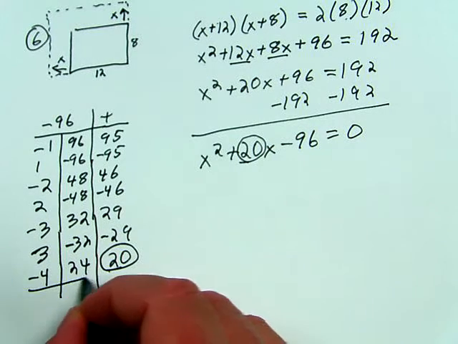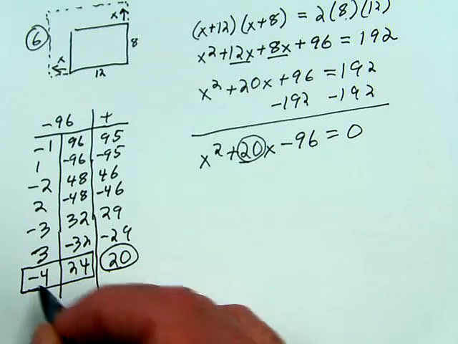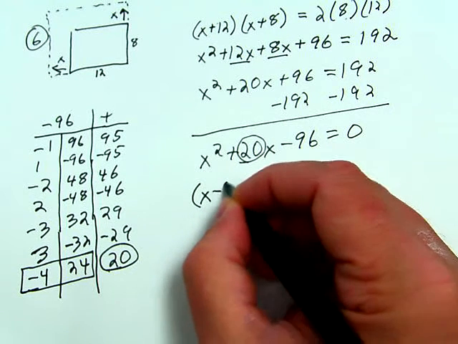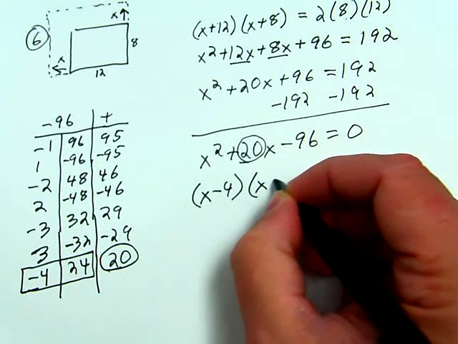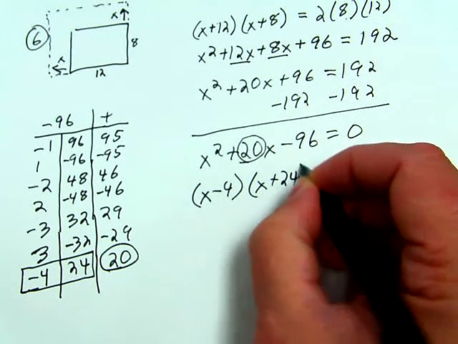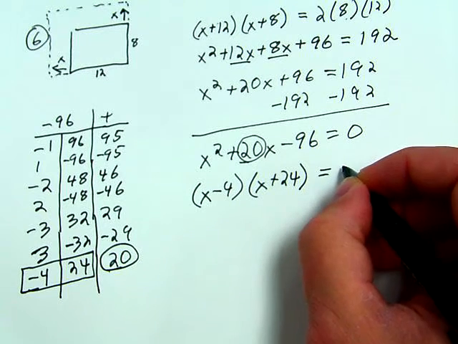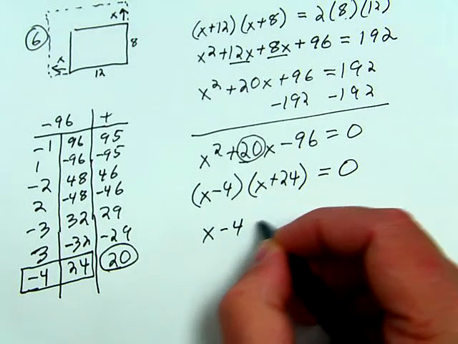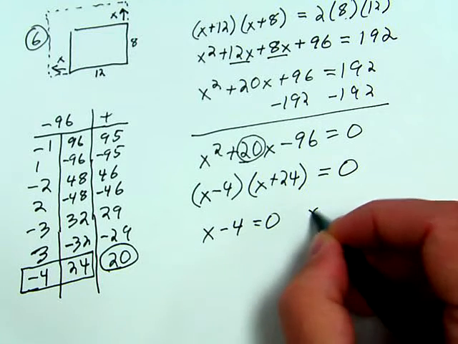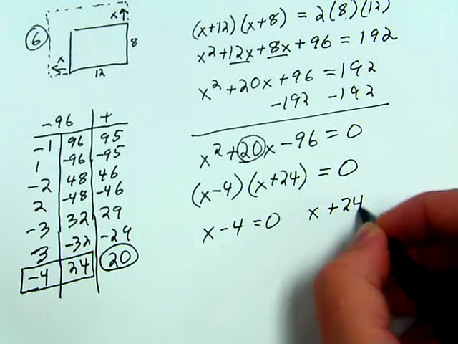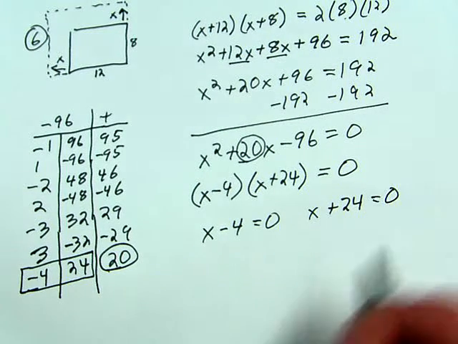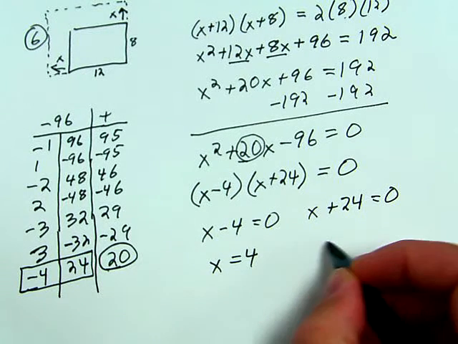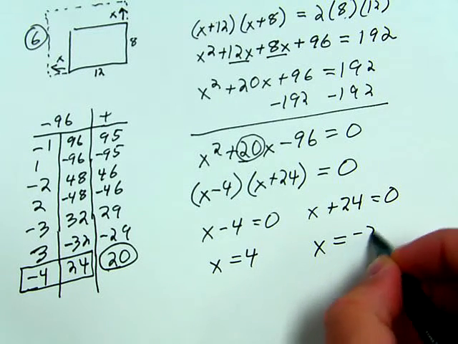So that means these two are my factors and go into my factored form. So x minus 4 times x plus 24 equals 0. Then I set each side equal to 0 using the zero product theorem. Add 4 and add 4. x is equal to 4. Over here, x is equal to negative 24.